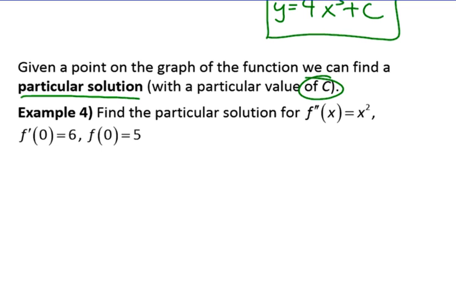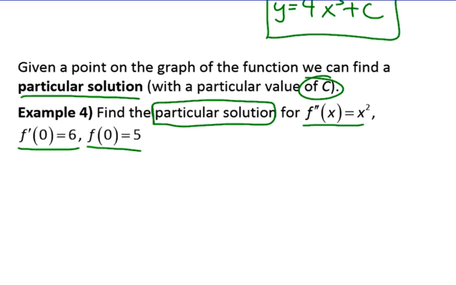All right, so if I were to find a particular solution given f double prime is x squared, f prime at the point 0, 6, and also f at the point 0, 5. So when I want a particular solution, what that means is I want f of x equals what? And it can't be plus c, it has to be particular.